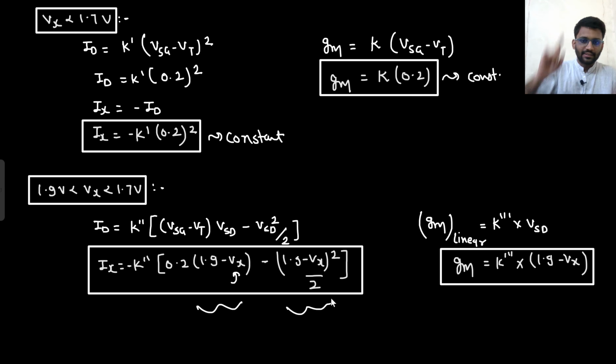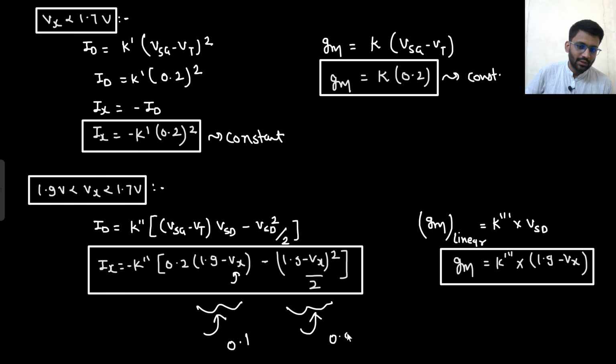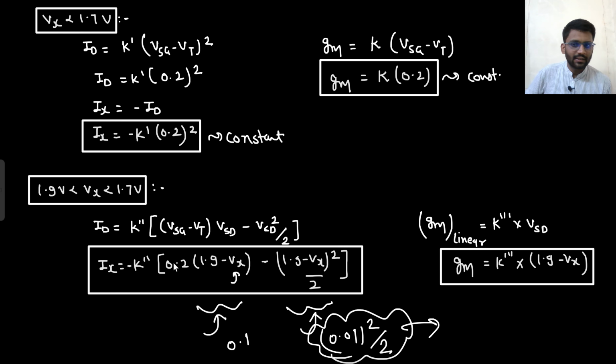Vx will increase from 1.7 to 1.9. Let's check that out. If your Vx is 1.8, what will be this value? 0.1. And what will be this value? 0.01 square by 2. Very less, right? If your Vx is 1.7, what will be this value? 0.